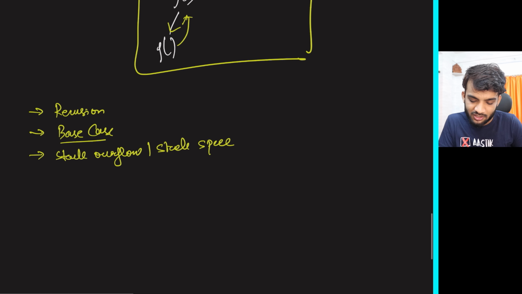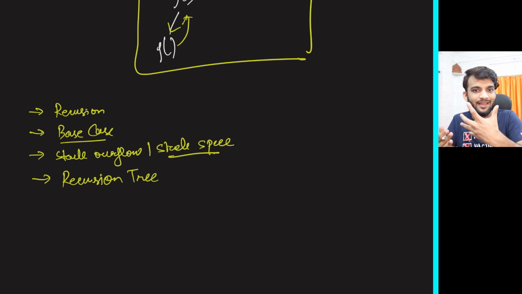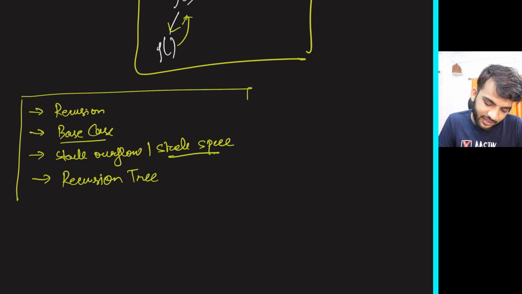So stack space stores the yet to be completed ones, and there is something which is known as recursion tree. It's basically the diagram in which the function calls someone, then that guy calls someone. It's basically a shorter version of the diagrammatic explanation that I gave you. So I hope you have understood all these three things.